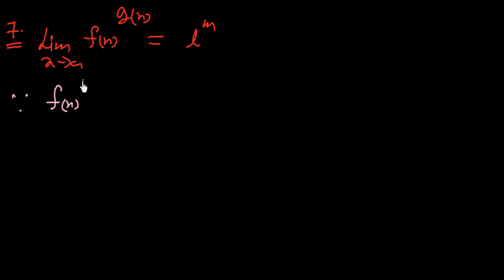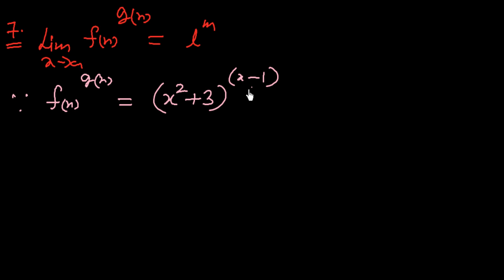We have to verify limit x tends to a for f of x to the power g of x is equal to L to the power m. So here we first find out the function f of x to the power g of x. Because f of x to the power g of x is equal to x square plus 3 to the power x minus 1.